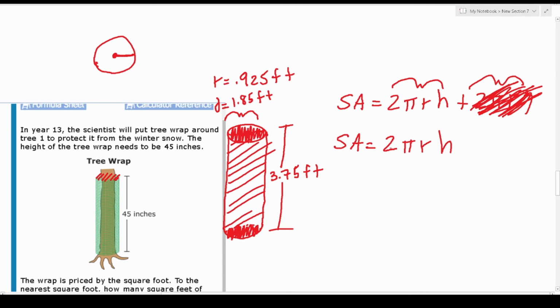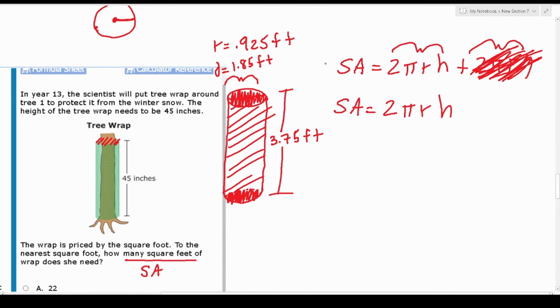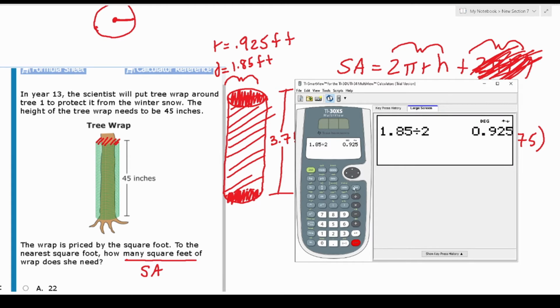Okay, now that we have all those pieces, we can just go ahead and plug them into this formula and get this problem done. So we have surface area equals 2 pi, r is 0.925, and height is 3.75. Let's just go ahead and plug this all into our calculator.